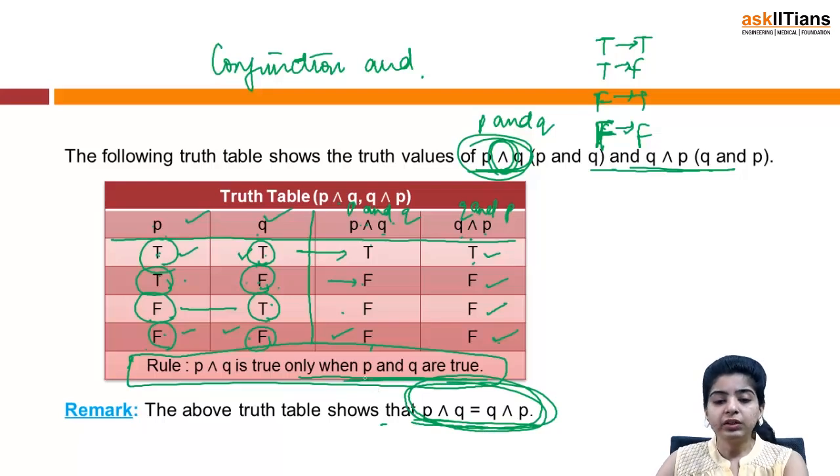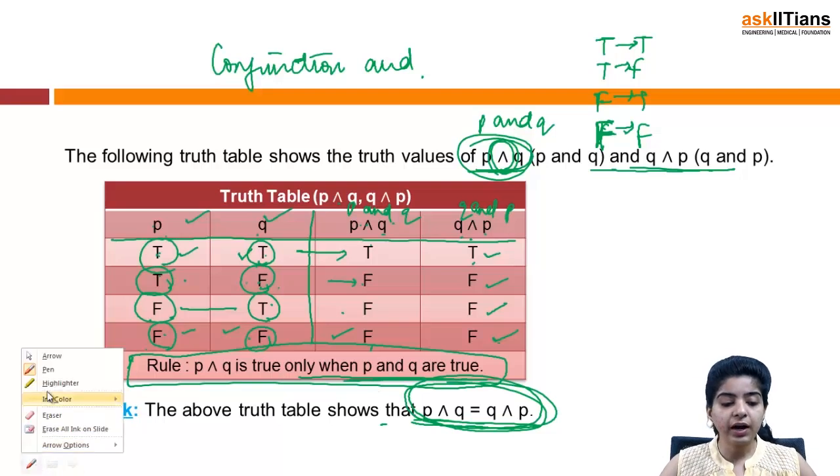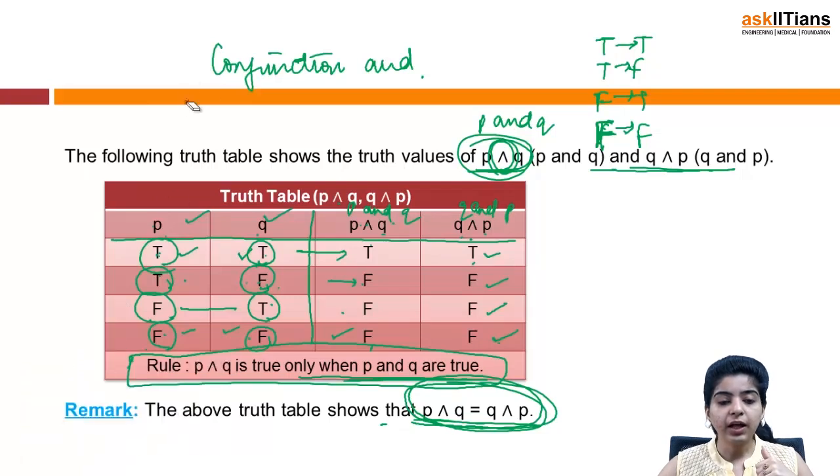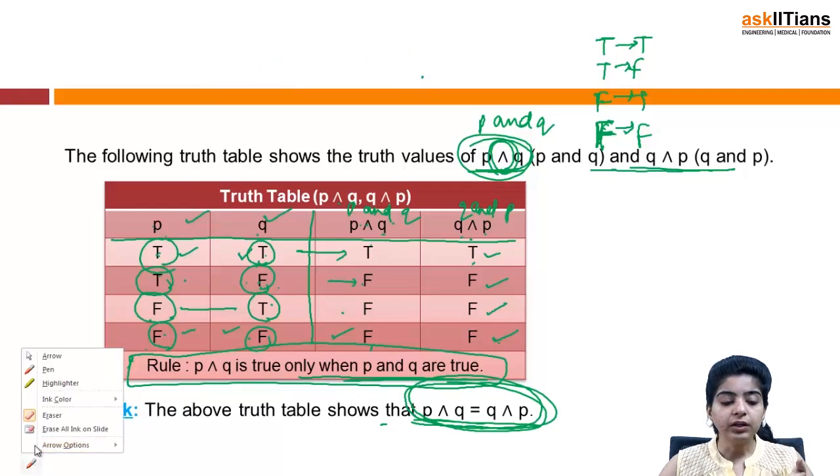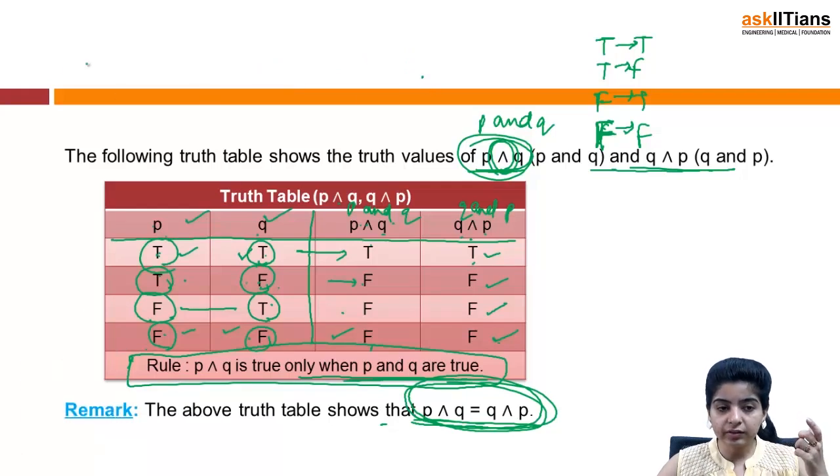Okay, one more thing that you should know here is that we have discussed the conjunction "and", but that does not mean that any statement that has got the word "and" will be a conjunction or a compound statement, right?